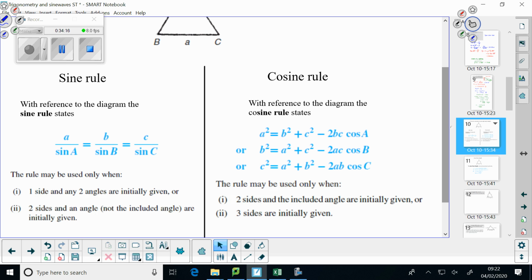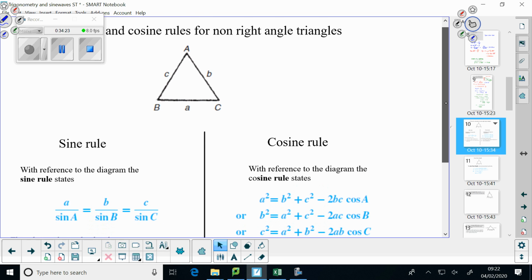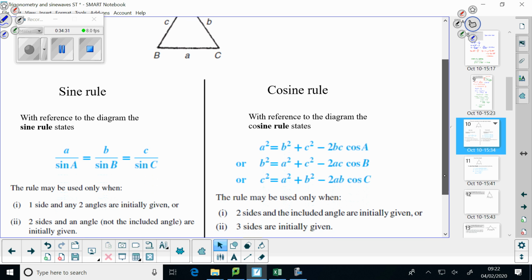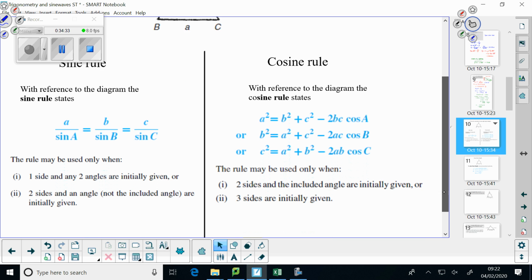So one side and two angles, we can use the sine rule, and we can use it if we've got two sides and an angle but not the included angle.